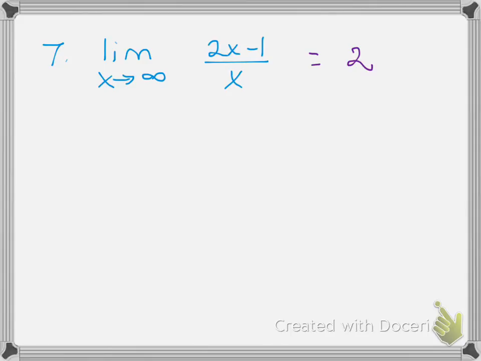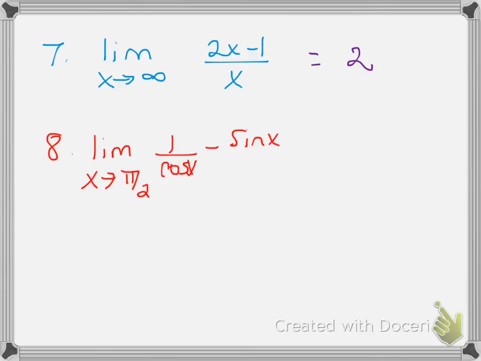Now, sometimes with L'Hopital's rule, it's not given to you directly. There's more things that you might have to do to get it in the form so that you could use L'Hopital's rule. For example, let's say I have this problem here.